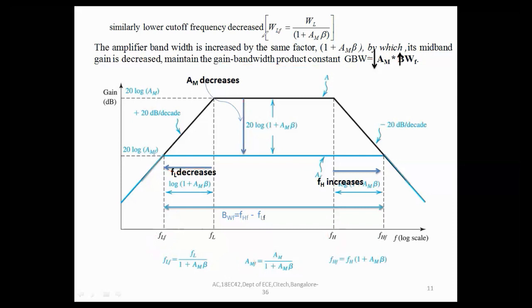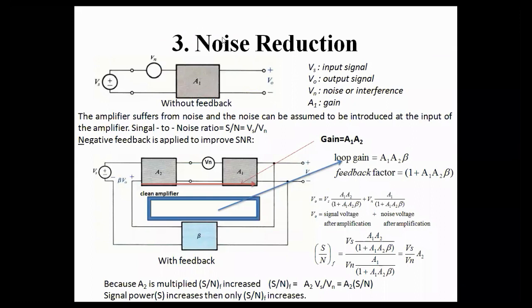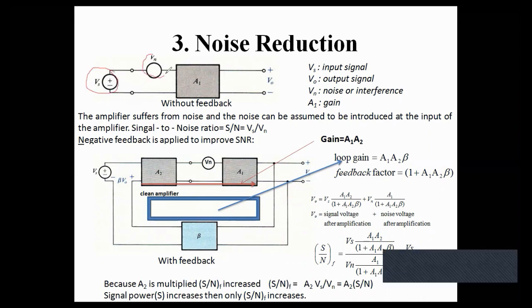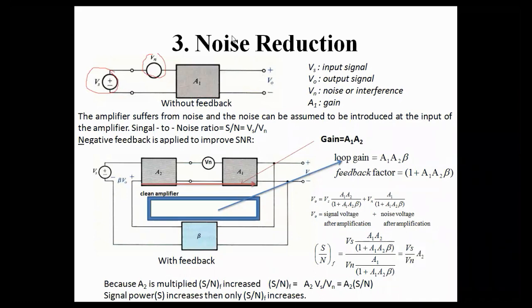Now let us move to noise reduction. I will consider an amplifier with gain A1, having two sources. One is a signal source Vs, and another one is a noise source Vn. It produces an output V0.